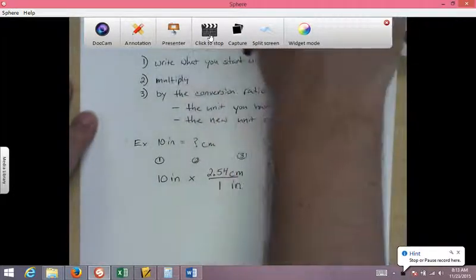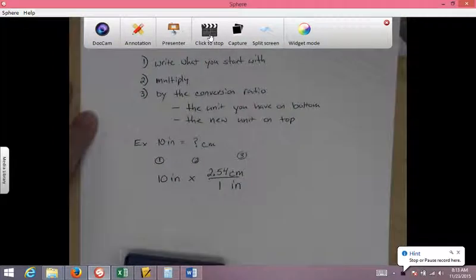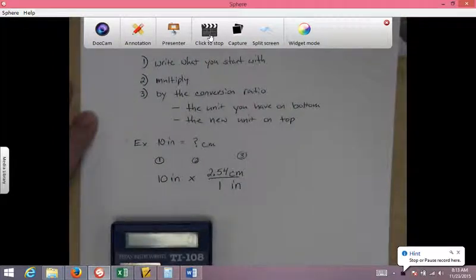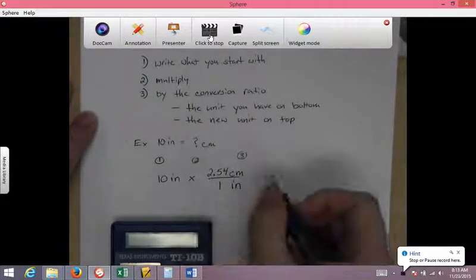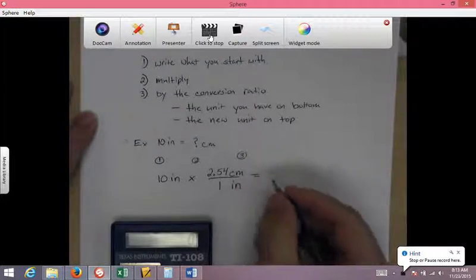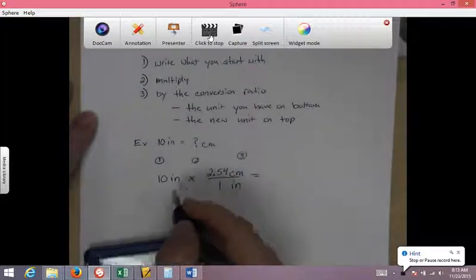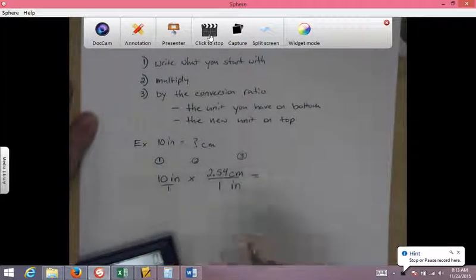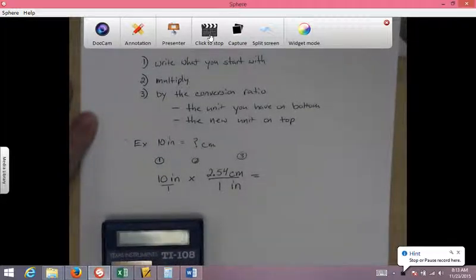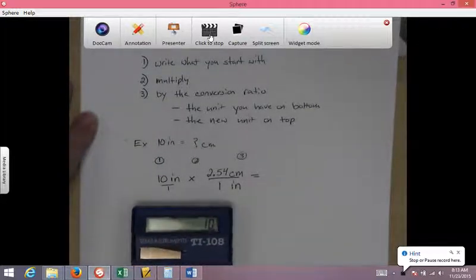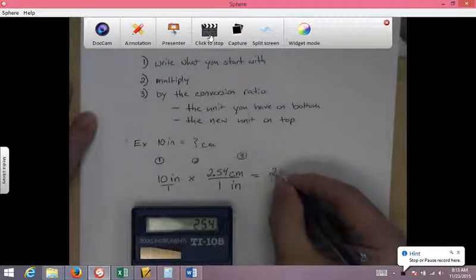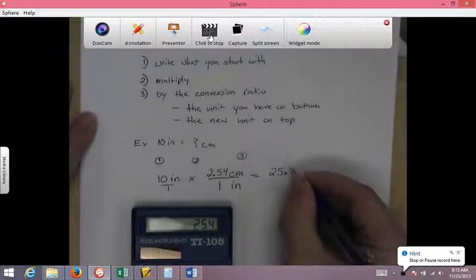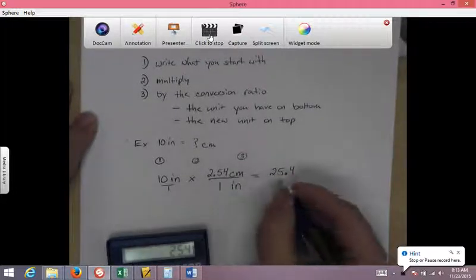Since we have this set up this way, for my numbers, just like last section, I go straight across. I can make this a fraction by putting it over 1, and on top I have 10 times 2.54, which is 25.4. On bottom, 1 times 1, which is 1.